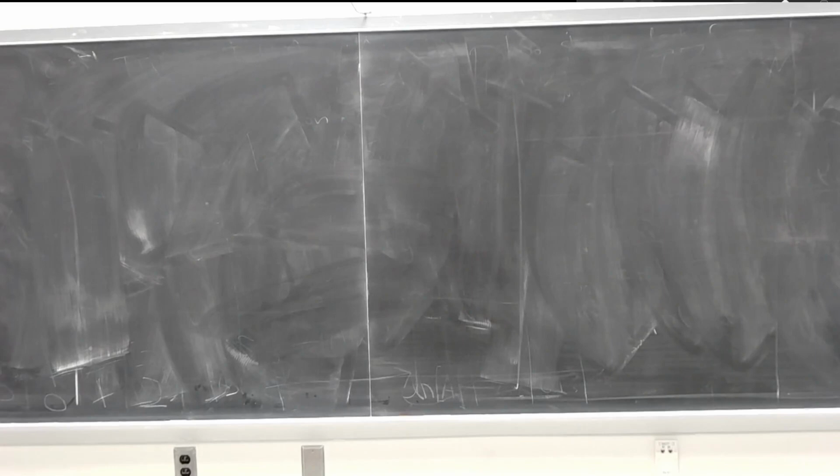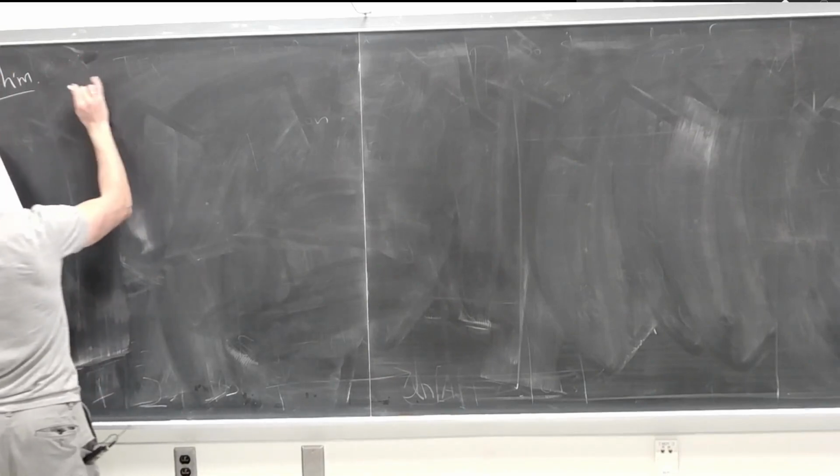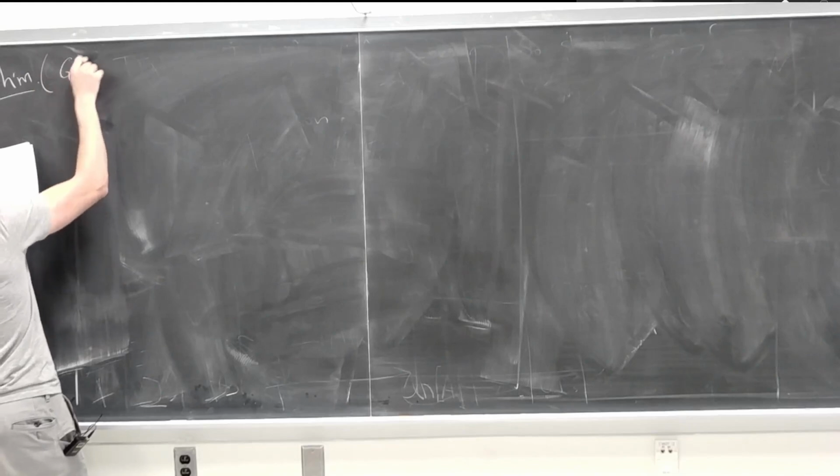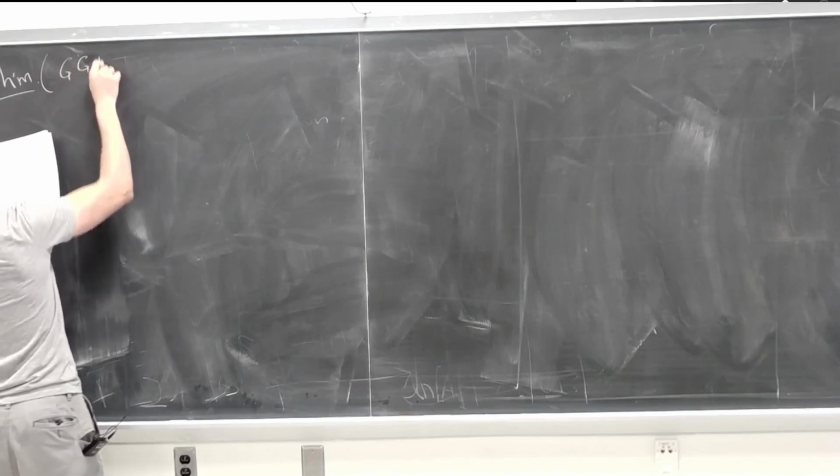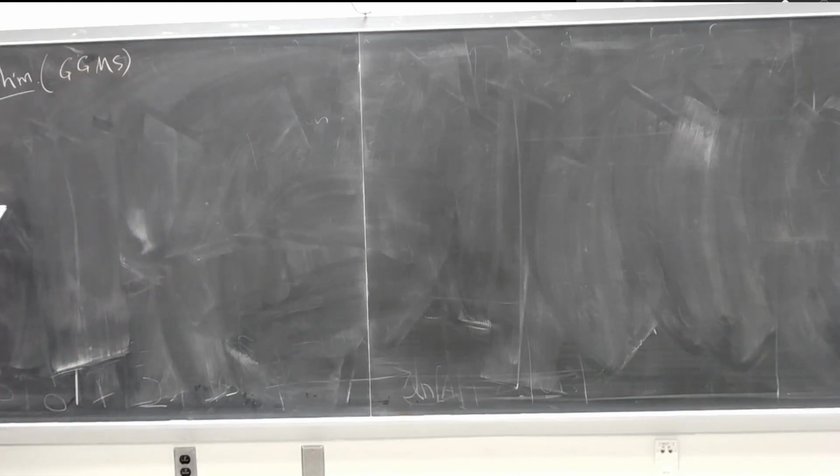Okay, so here is what I think is a cool theorem, an easy way to tell a matroid polytope from all the other polytopes. It's again due to Gelfand, Goresky, MacPherson, Serganova.